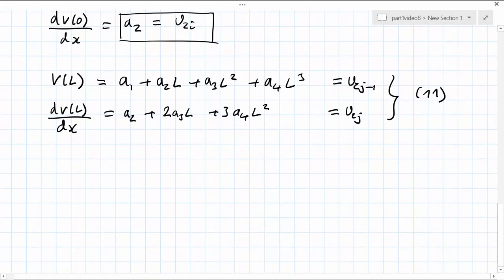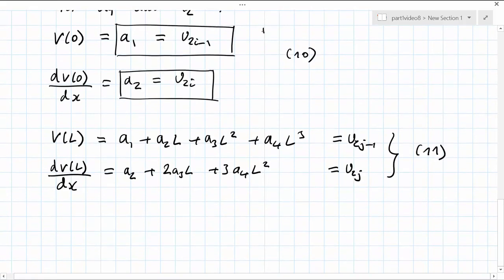We know that a1 is equal to u_2i−1, as we've just determined. We also know that a2 is equal to u_2i.